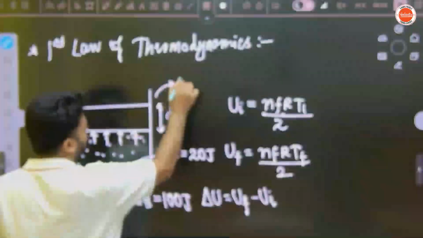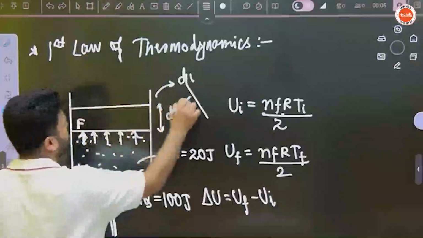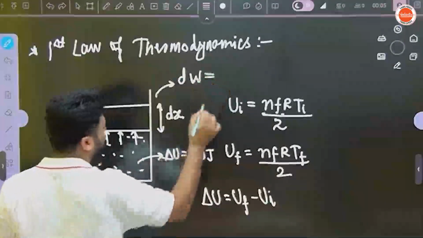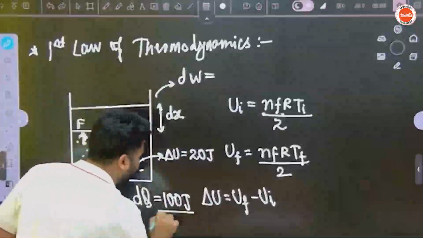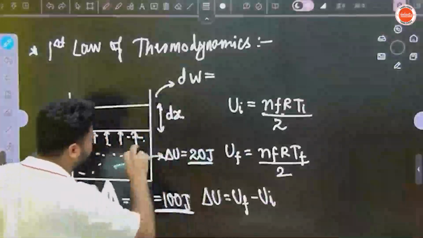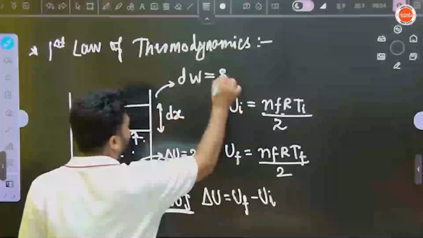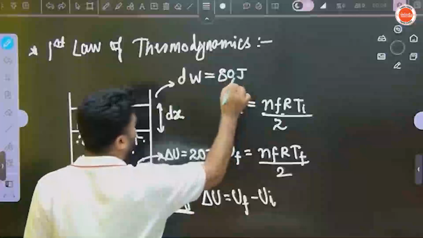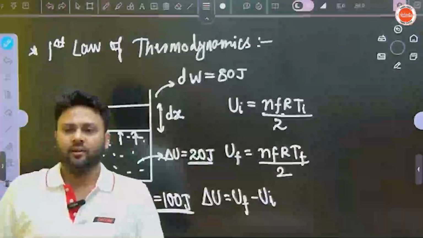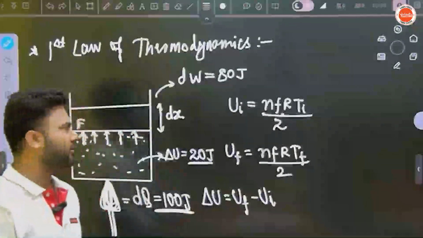Force into displacement is work. So out of 100, 20 joule is utilized in changing the internal energy and work done by the gas will be 80 joule. So 80 plus 20, 100. You consumed 100, 20 you changed yourself and 80 you did as work.